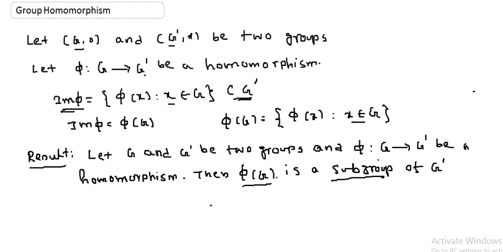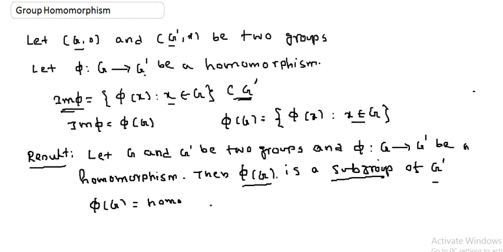Phi of G has some algebraic structure on the set phi of G, so that it becomes a subgroup of the group G dash. This is a very, very important result. Before that, let me inform you that because phi is a homomorphism, the image phi of G is also called the homomorphic image.